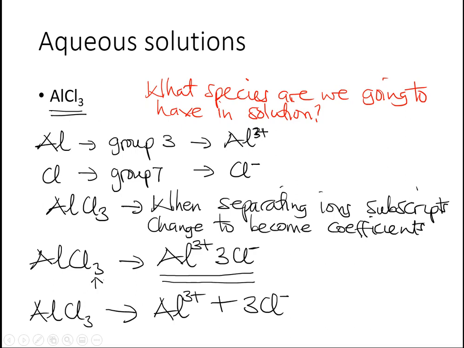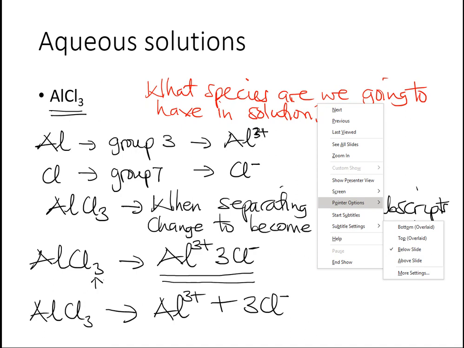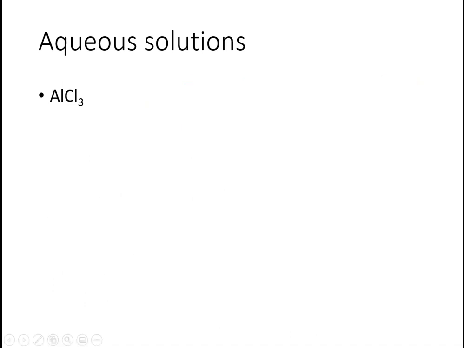Now I'm getting rid of all the ink. So we are saying that if you start with aluminum chloride, when forming ions, if you are showing the charges, the subscript becomes the coefficient.